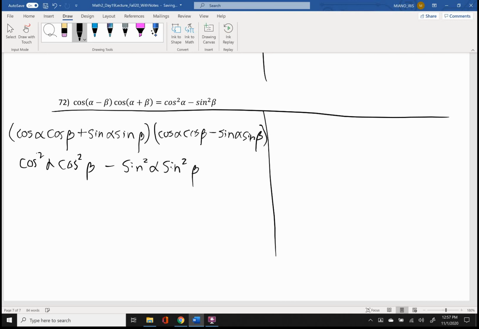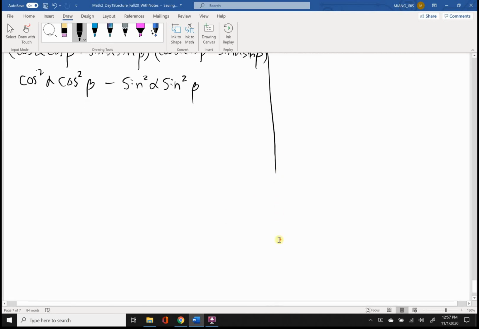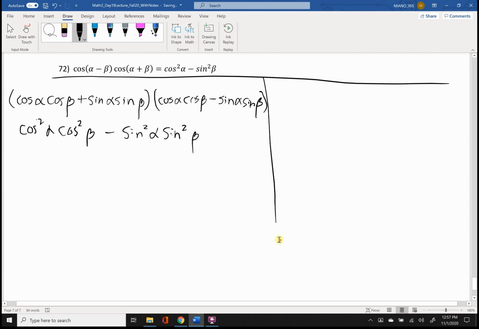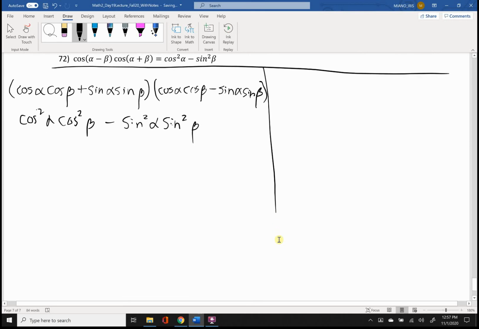Now you're going to do a little bit of algebraic trickery, which is what I would deem totally non-intuitive, okay? You're going to want to take this sine squared beta right here and use the Pythagorean identity to recategorize it. So we'll call it cosine squared alpha. Instead of sine squared beta, we'll call it 1 minus sine squared beta.